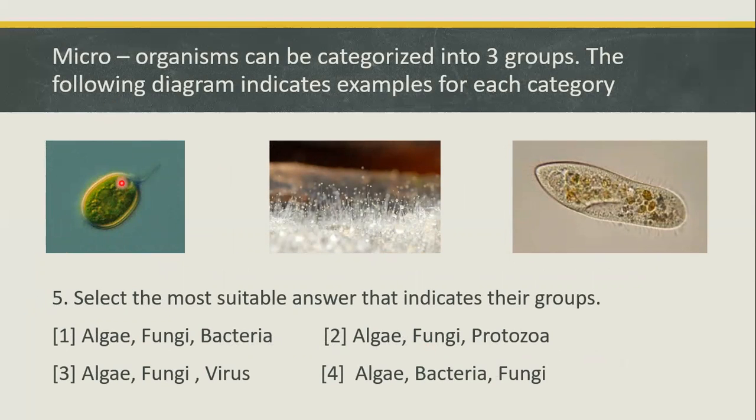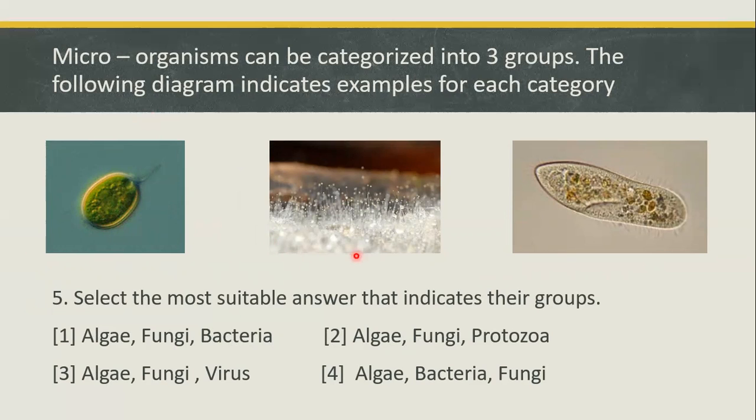Here, microorganisms are categorized into three groups by three pictures. Select the most suitable answer that indicates their groups. This is the first picture, second picture, and third picture. In this first picture, as you can see, it's Chlamydomonas.